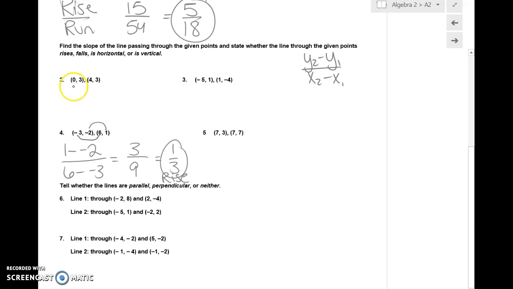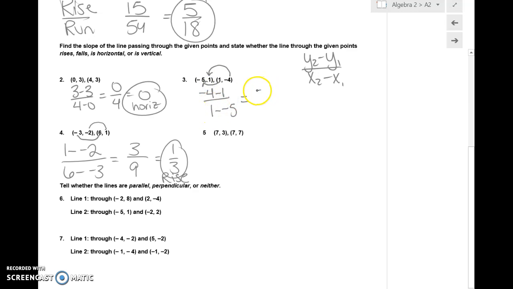So number 2, you would do 3 minus 3 over 4 minus 0, which is 0 over 4. That is a slope of 0, which means it is a horizontal line. Number 3, you would do negative 4 minus 1. Now, that is negative 4 from the second point minus 1 from the first point over 1 from the second point minus a negative 5.